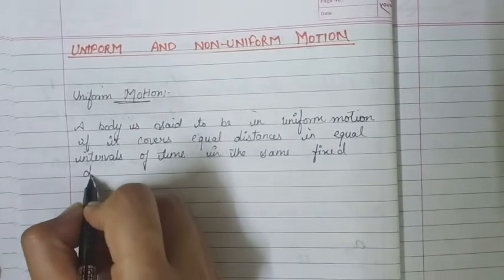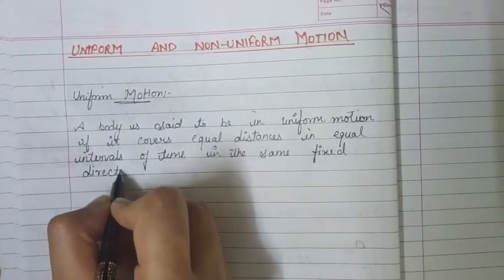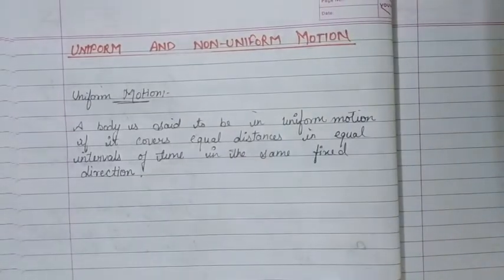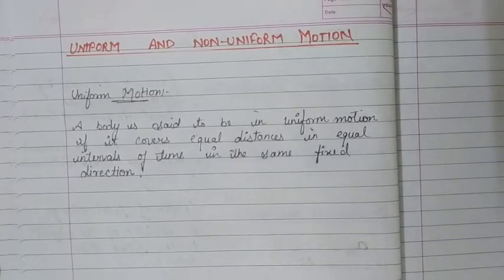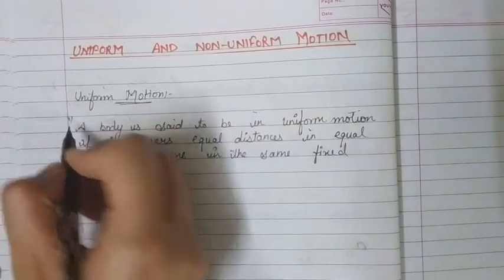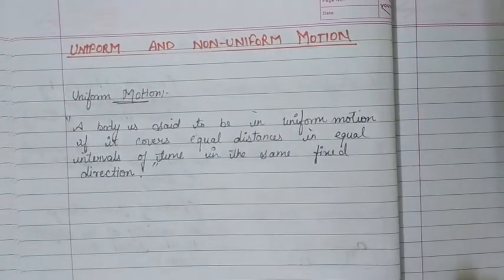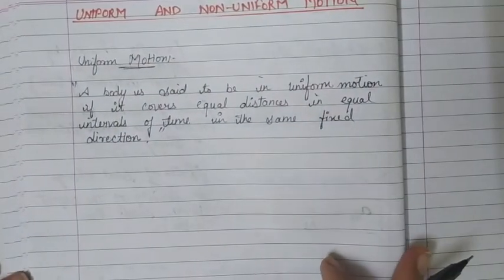Now this time interval can be of any duration, meaning it can be as small as you like, but this condition should be valid. If this condition is valid, then such type of motion is called uniform motion.